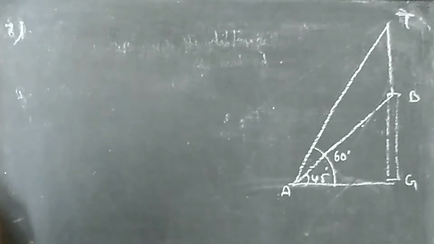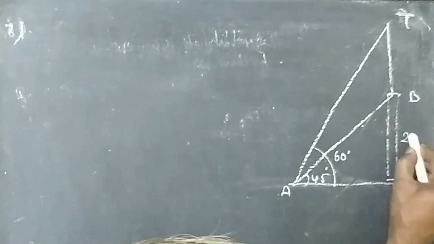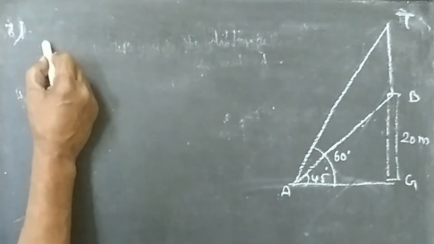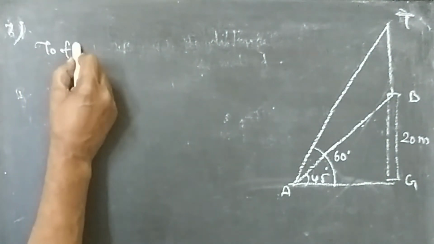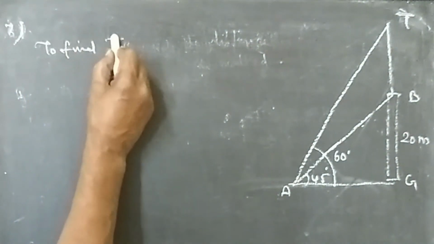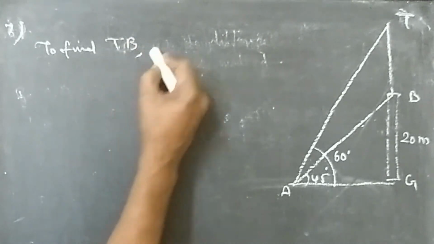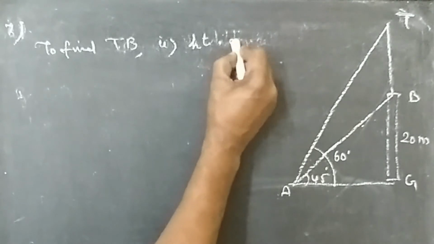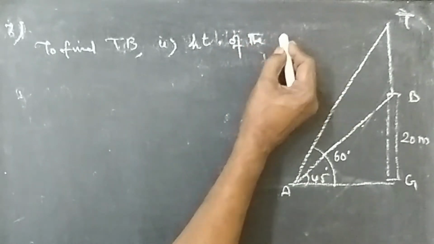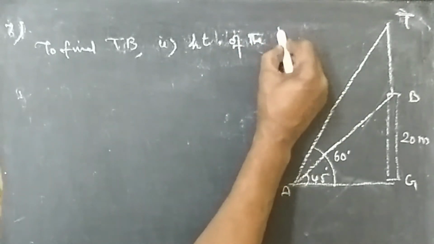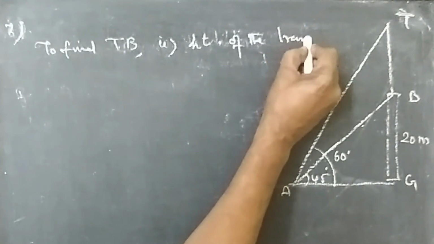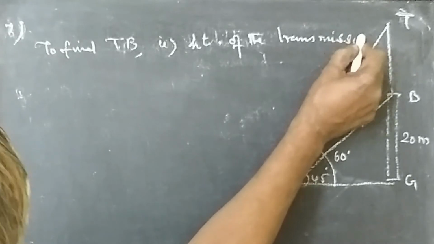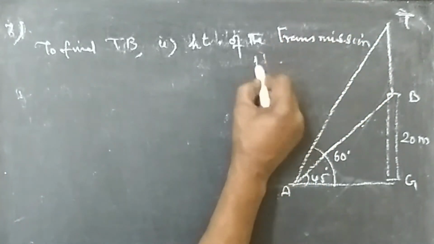Now the height of the building is 20 meter. Now to find TB, that is the height of the transmission tower.